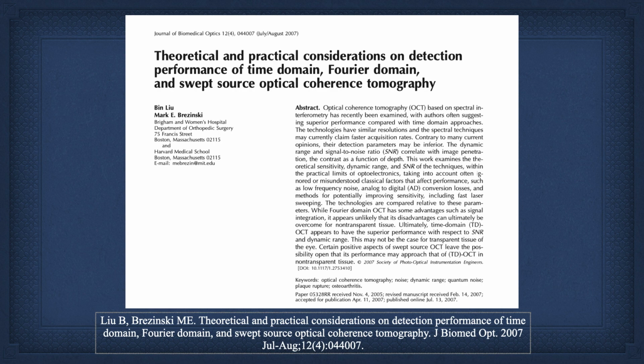Now, the next couple of papers are where that chart came from. We went through the theoretical and practical considerations of the modalities, and it's covered pretty extensively here. If you have a background in physics or engineering, you could read the paper. I'm not going to cover it.